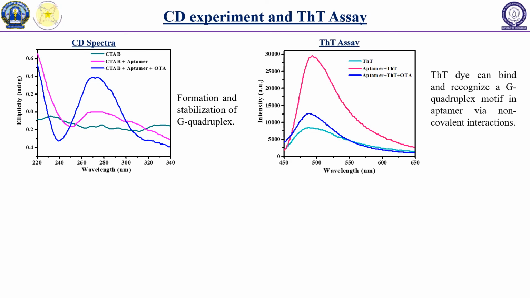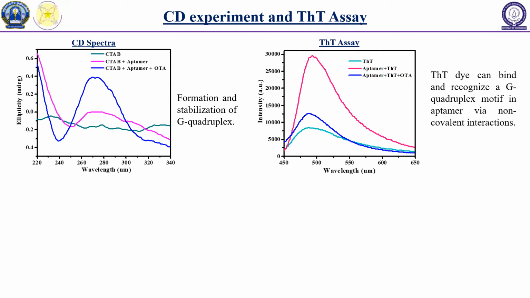These results were further supported by the ThT. ThT is a non-emissive water-soluble dye which is known to bind selectively with G-quadruplexes and result in a significant enhancement of the fluorescence intensity. As we can see in the graph, ThT is itself non-fluorescent, but in the presence of aptamer, it gives the highest fluorescence.